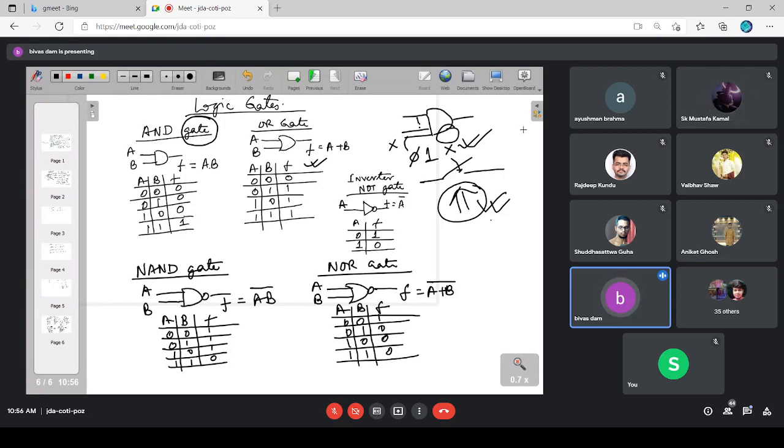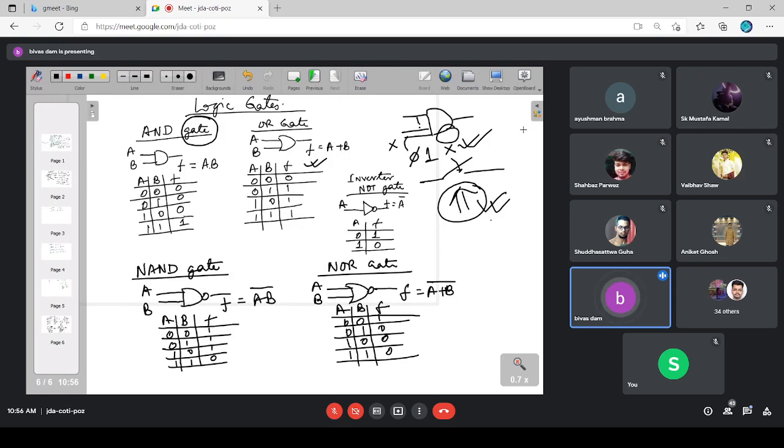When the control input is 1. And when the control input is 1, the OR gate and NOR gate are disabled, and the corresponding disabled output is 1 for the OR gate and 0 for the NOR gate. That's the only difference.